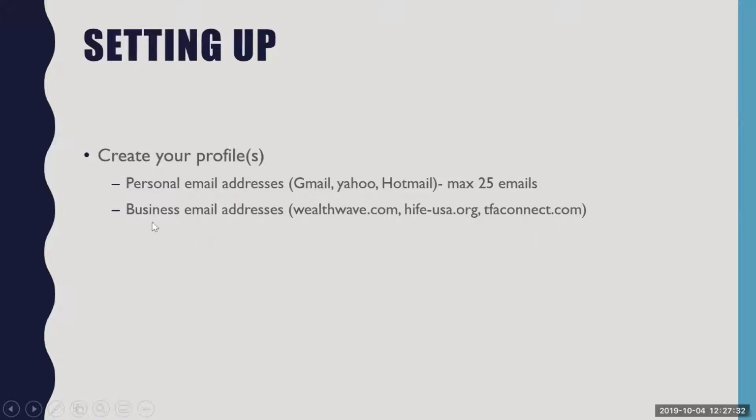With a business email address, they do not have that 25 max limit. For WealthWave, you can send an unlimited amount of emails. For Heartland, I believe it's up to 500, it might be 1,000 at once. And for TFA, they limit you to 100 emails at a time. So with a business email, you can send more in bulk at one time versus your personal email address.